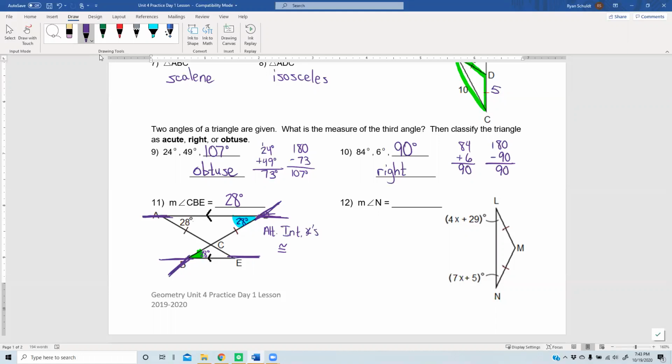Okay, number 12. They ask us to find the measure of angle N. So this angle right here. Well, this is an isosceles triangle, so that means that these two angles are congruent. So to get x, I first got to set them equal.